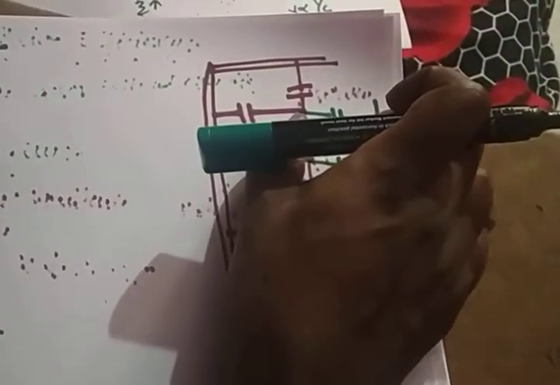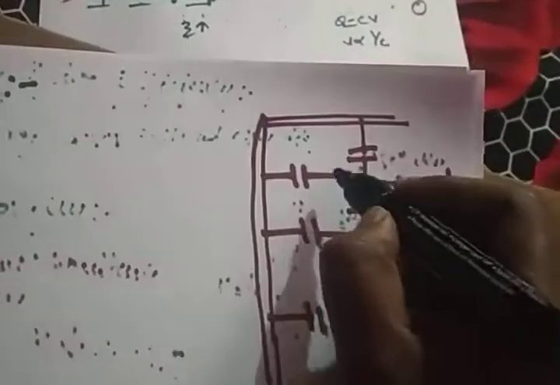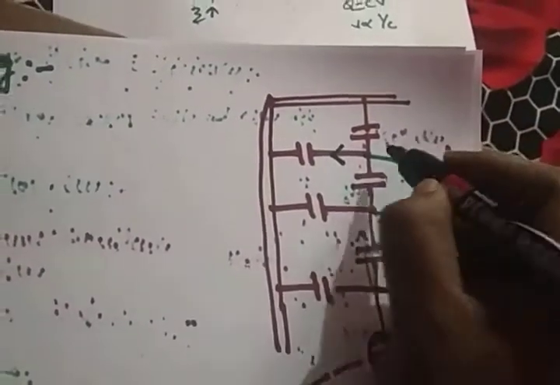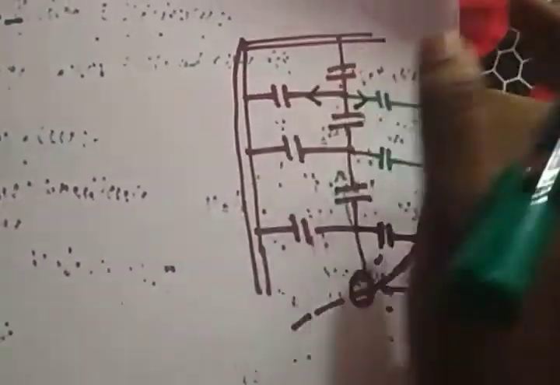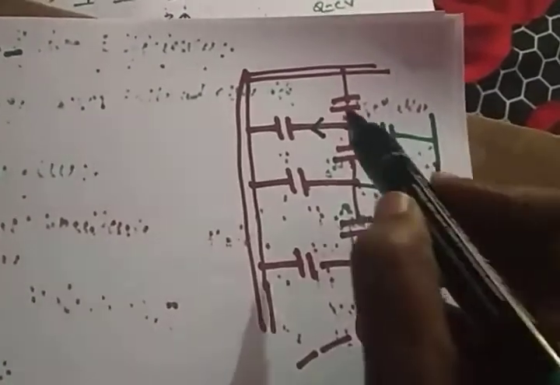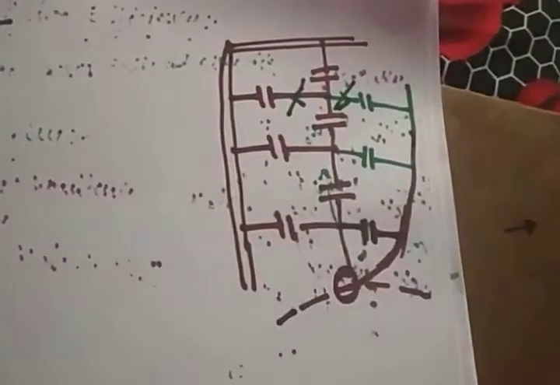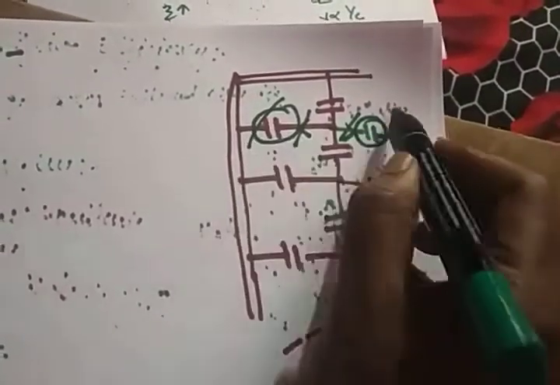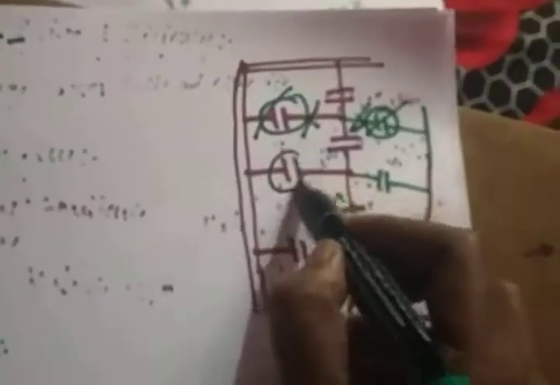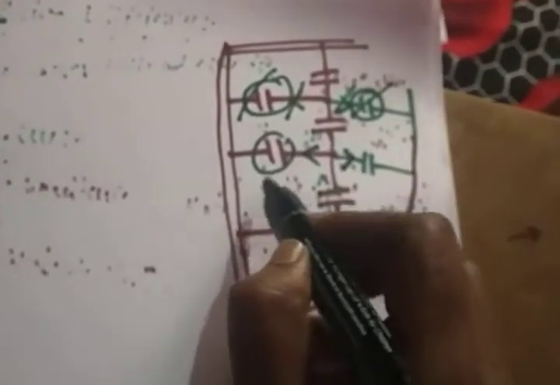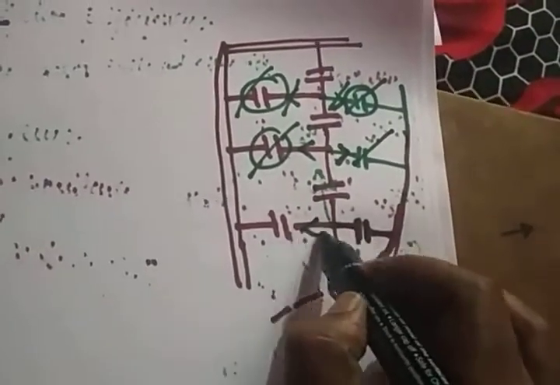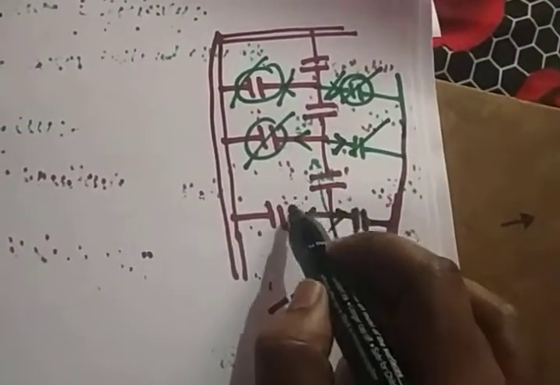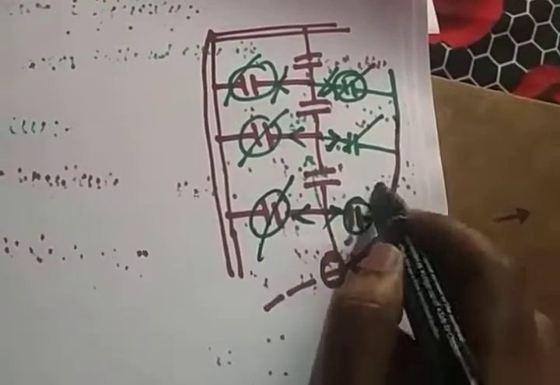Here the capacitance will exist, here the capacitance will exist. Whatever current flows here, the same current will flow here in the reverse direction. So these two currents will be cancelled out. That means these two capacitances will be cancelled out. Here also the same current will flow like this, and these capacitances will be cancelled out.